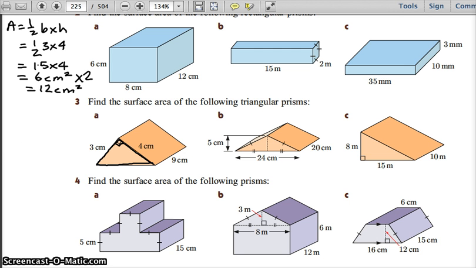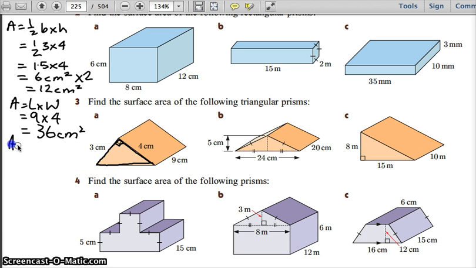So we've done the triangles. What we've then got is a 9 by 4 centimetre rectangle. 9 fours are 36 centimetres squared, and that takes that out. And then over the back, we've got a 9 by 3.